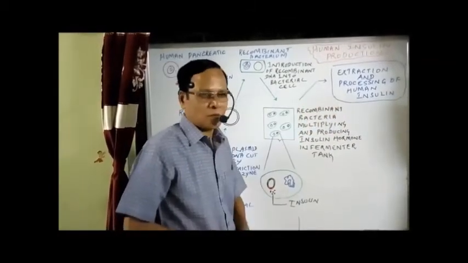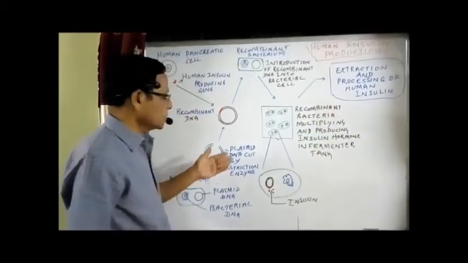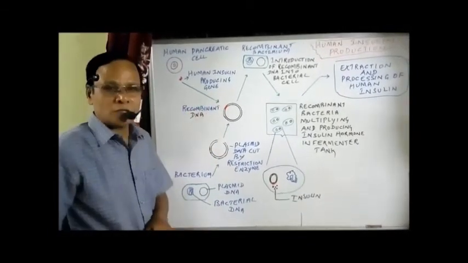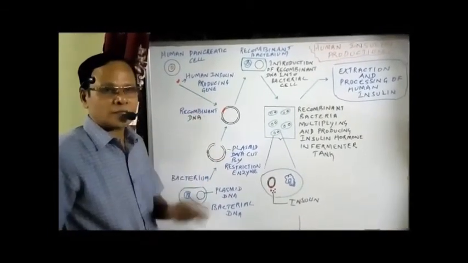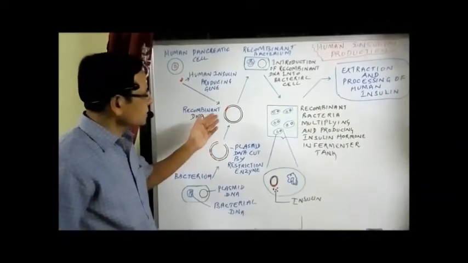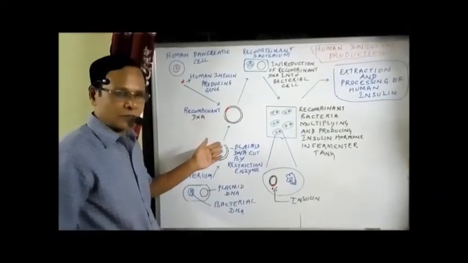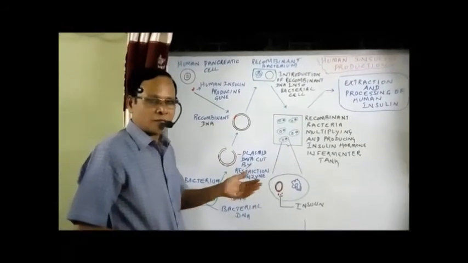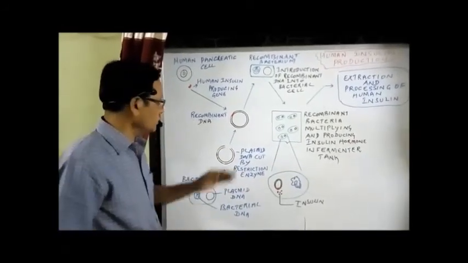This is the mechanism of insulin hormone production by DNA technology. You have already studied how to cut open the plasmid and how to rejoin it with the known gene of interest in botany, so I won't go there.